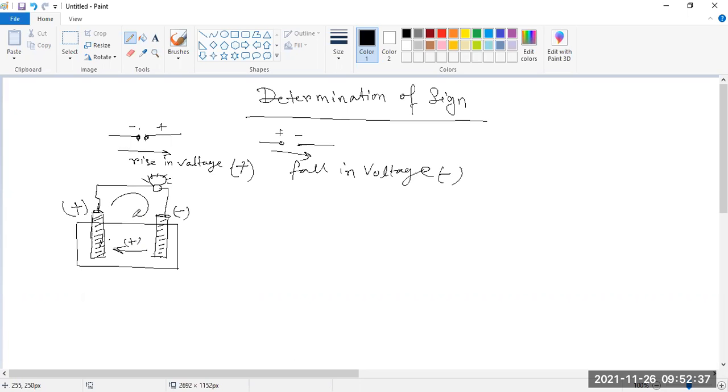Here it is counted from positive to negative, so the sign should be negative. This is the main thing.